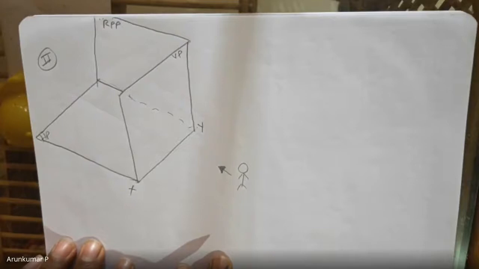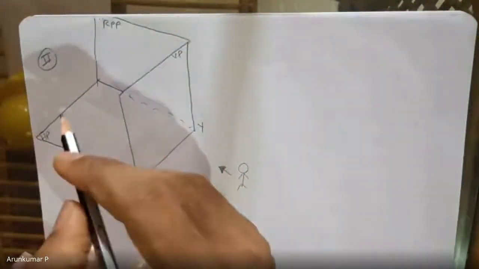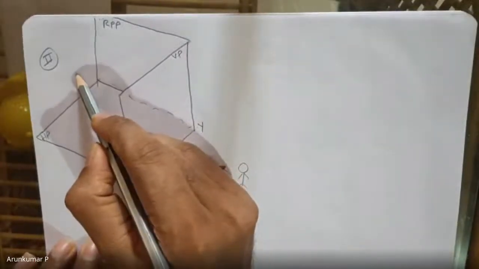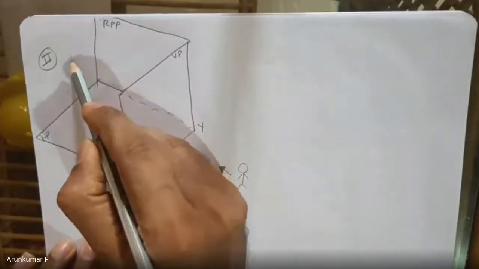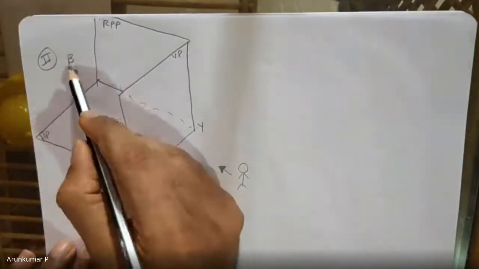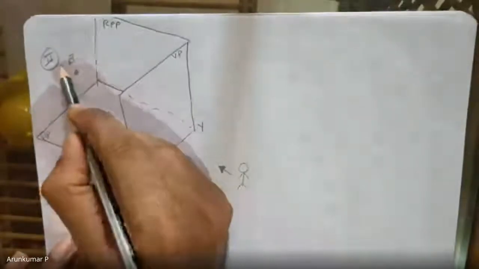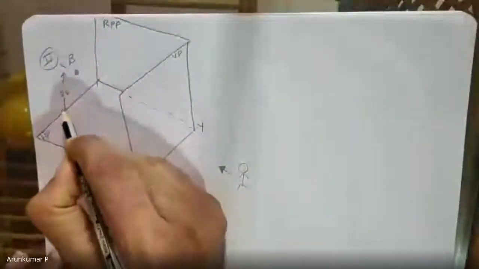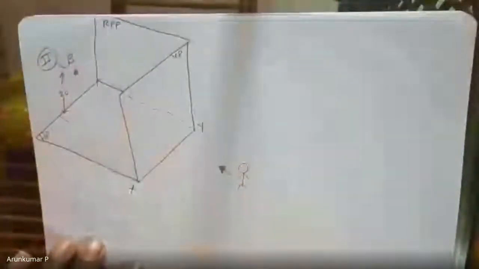Okay. Now, if you have a point like this, a point B, this point B is 20 mm above HP.